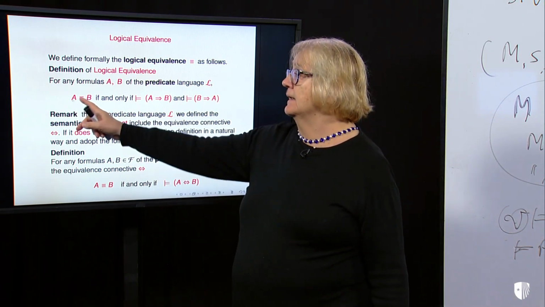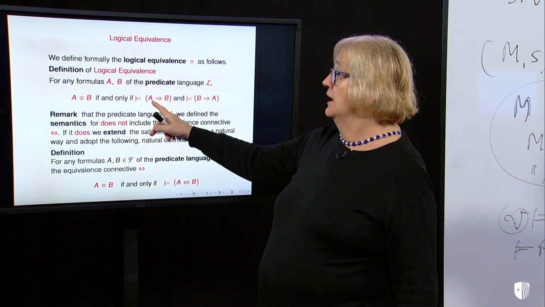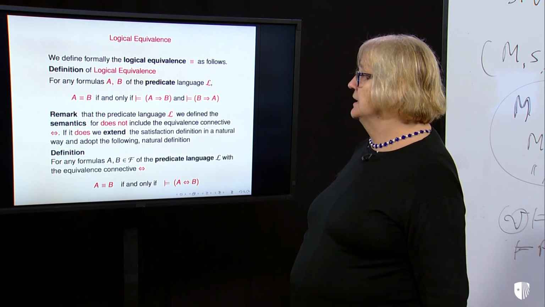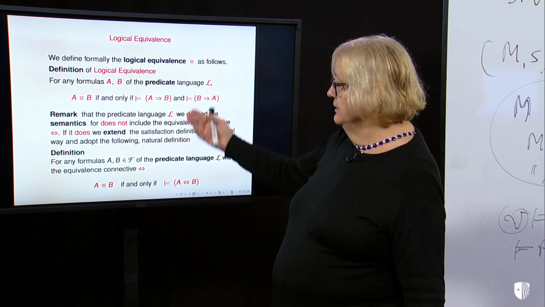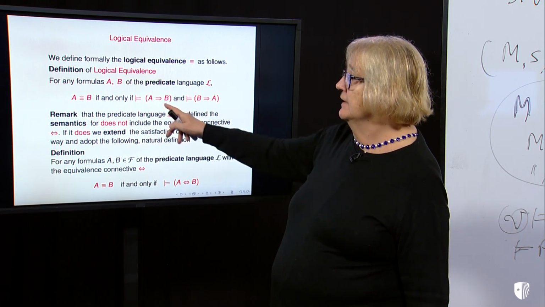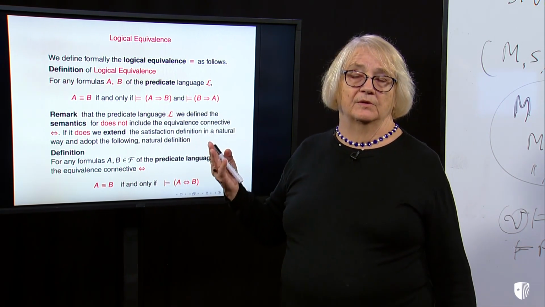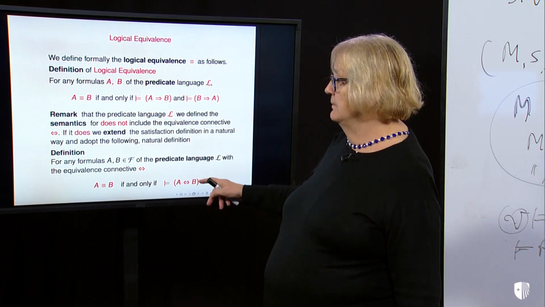We say that A is equivalent to B if the implication in one direction and the implication in the other direction is a tautology. If you introduce if and only if, of course, if and only if is always defined by A implies B and B implies A.